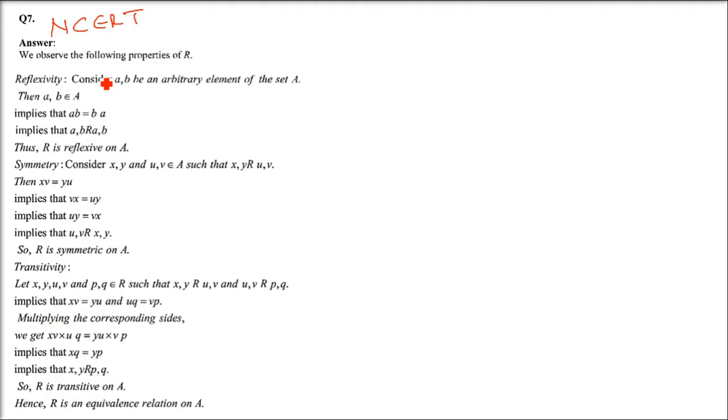All questions are here. Now let R be a relation on the set A of ordered pairs of integers defined by (x, y) related to (u, v) if and only if xv equals yu. Show that R is an equivalence relation. Just understand what kind of relation it is.